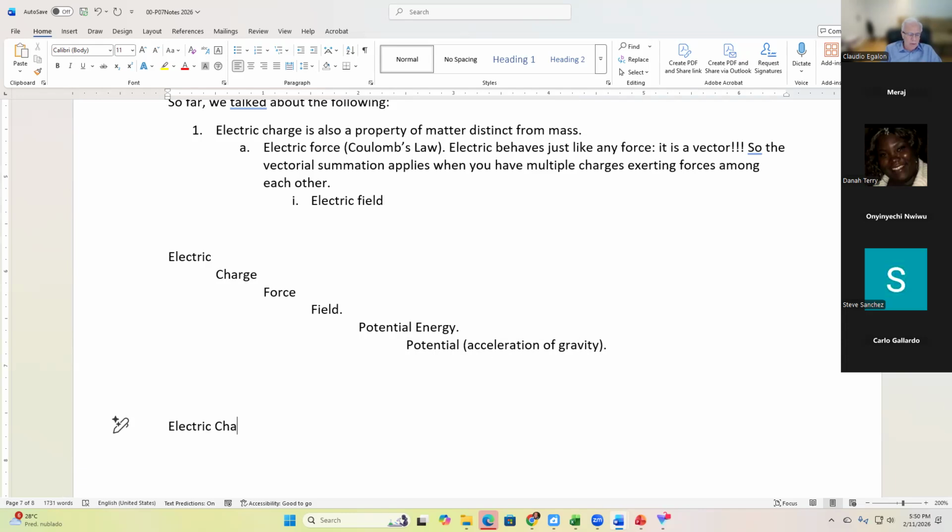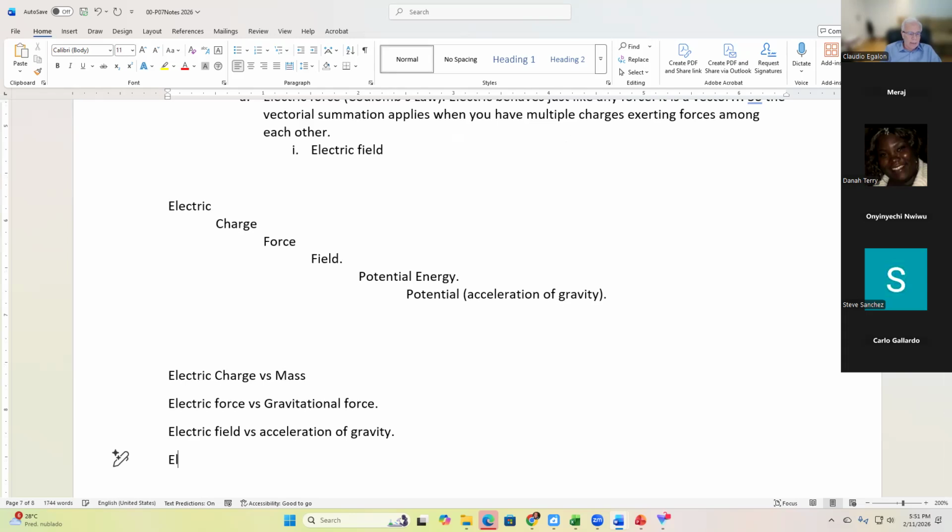So that's the parallel between electricity and mechanics. In the case of electric charge, the parallel with mechanics is going to be the mass. An electric force is going to be versus the gravitational force. And the electric field is related to the acceleration of gravity.